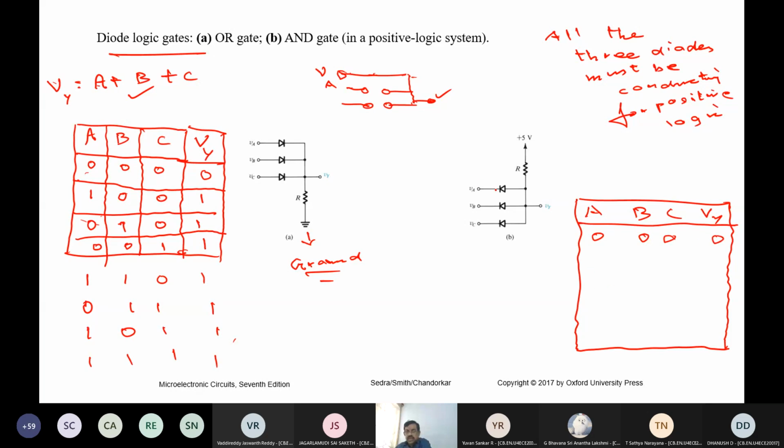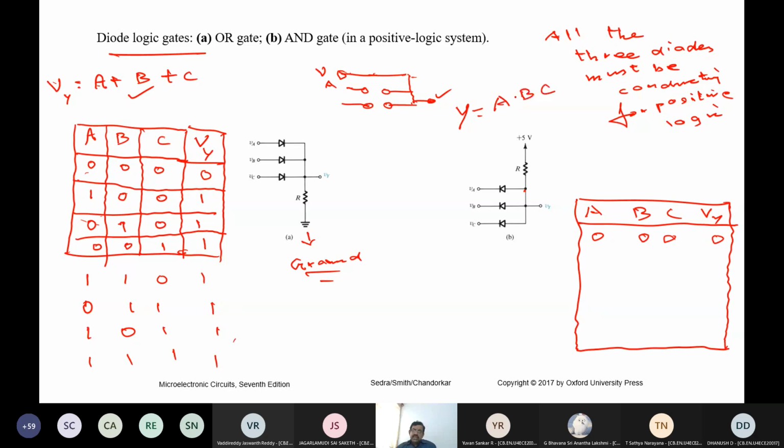So think along this direction: in a short circuit, the voltage drop will be 0 across the diode, so whatever is at this point will be at that point. Whereas if this is open circuited, then you will not have all the 3 things. So the output for an AND gate, the Boolean expression, is Y equals A.B.C.